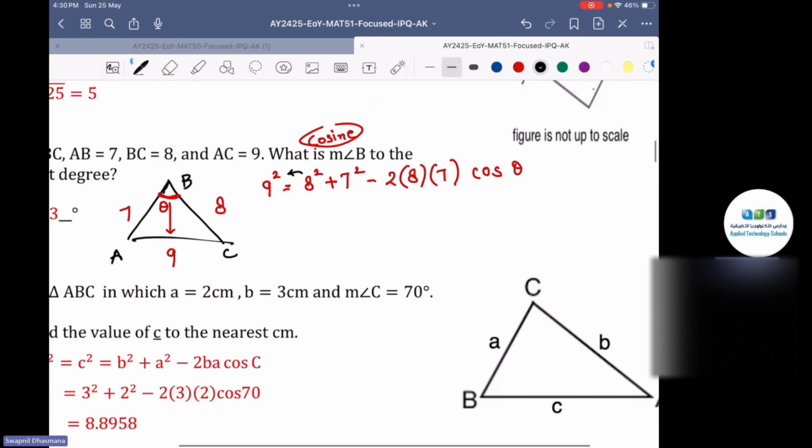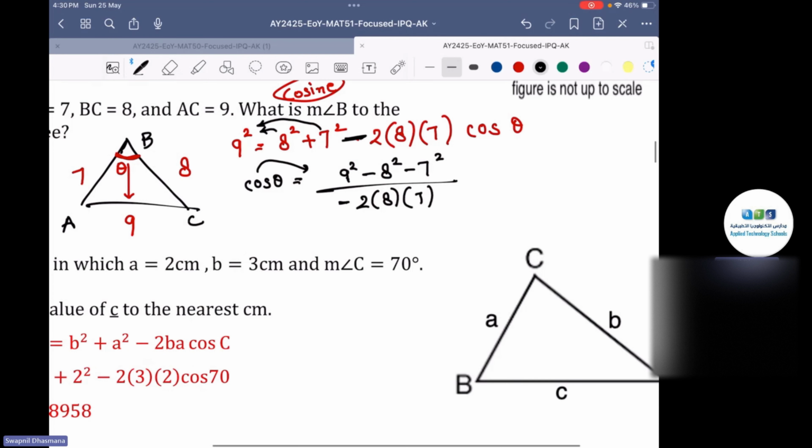Theta means the angle B. Take 8 squared to this side, take 7 squared to this side. And if you remember before, this negative 2 times 8 times 7 would come in the denominator.